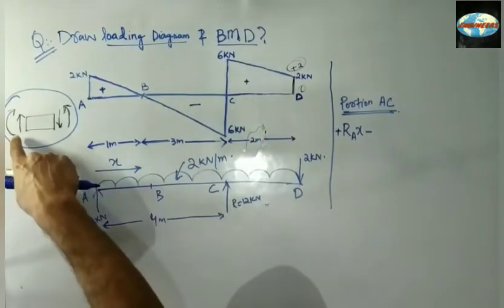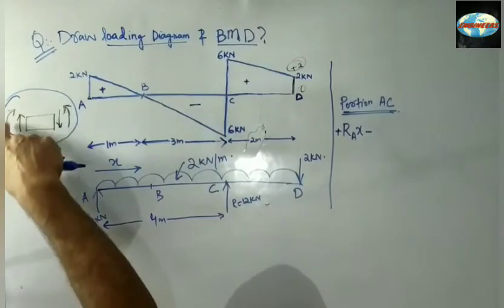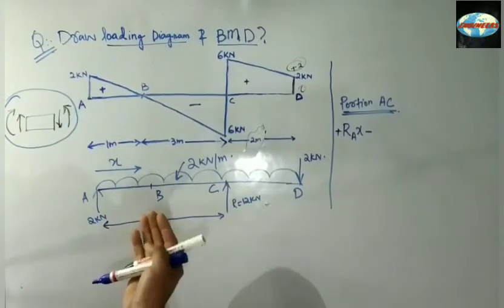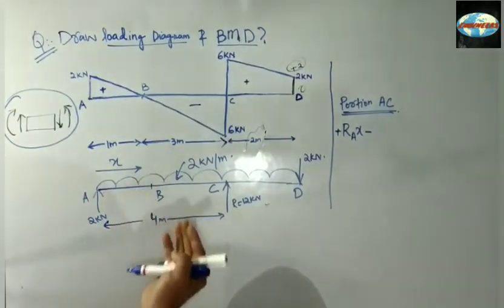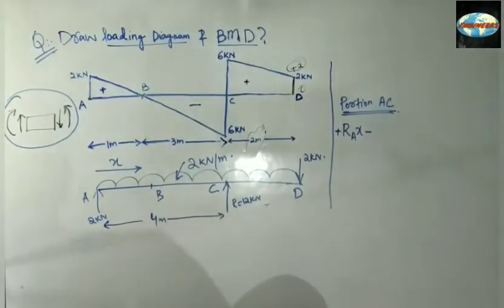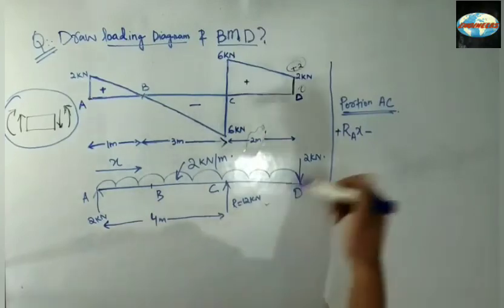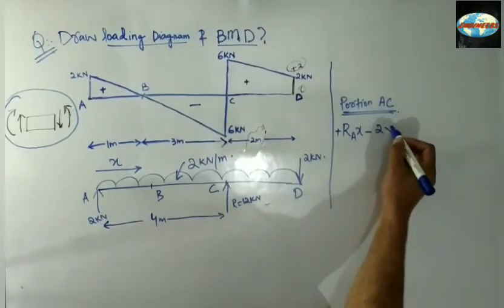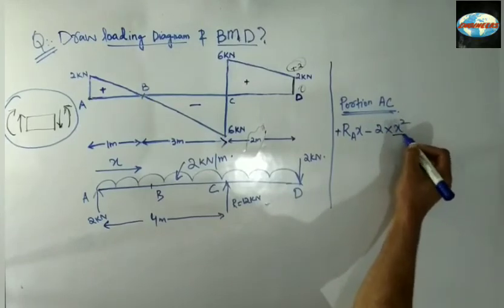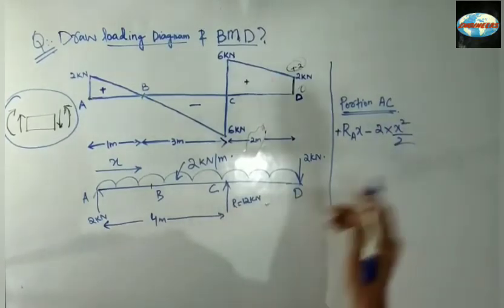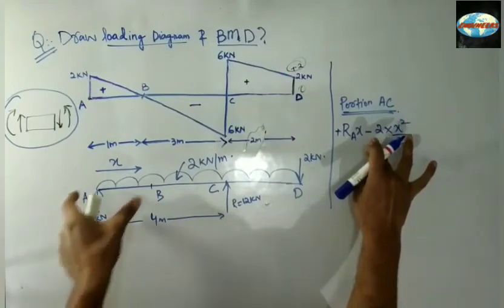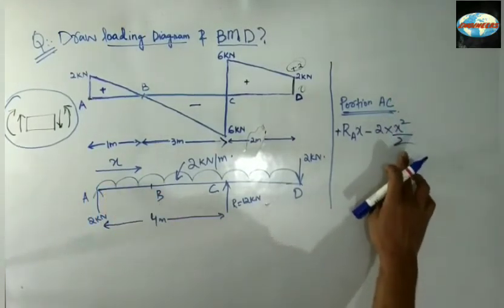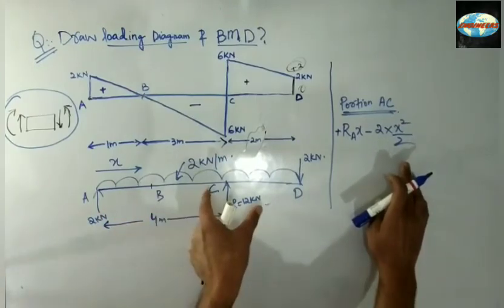So my positive moment is anti-clockwise when I am analyzing from the left, and if I encounter any clockwise moment, that will be considered negative in the equation. So that means minus 2 into x square by 2. Because 2 into x is the total load which I will be considering, and x divided by 2 will be the lever arm up to that point.